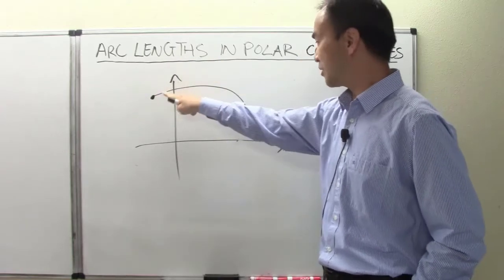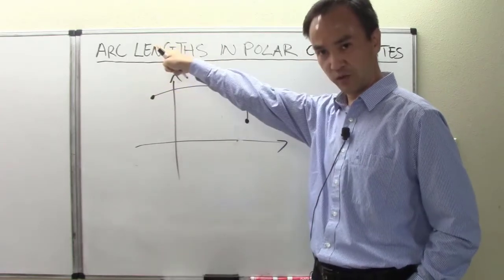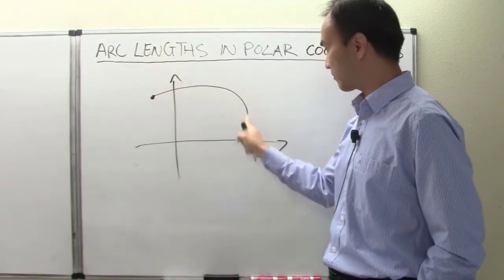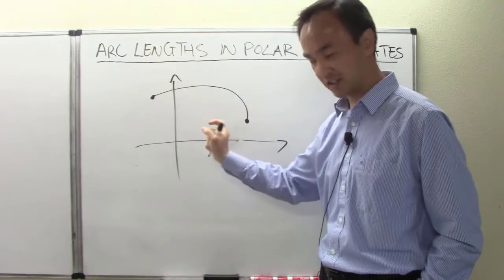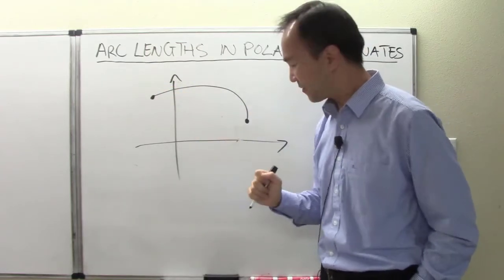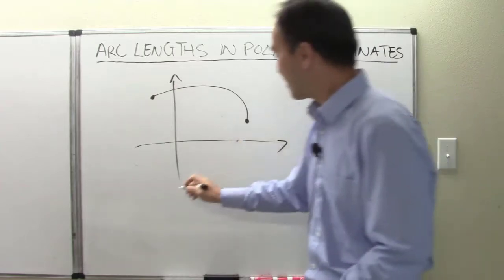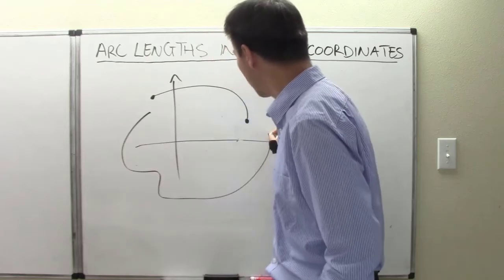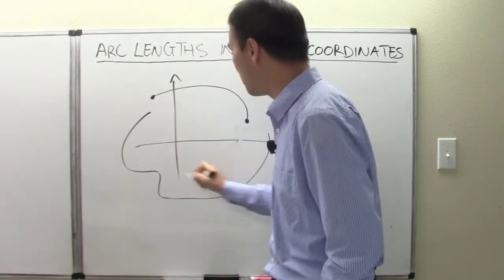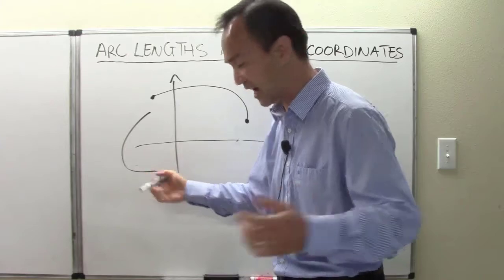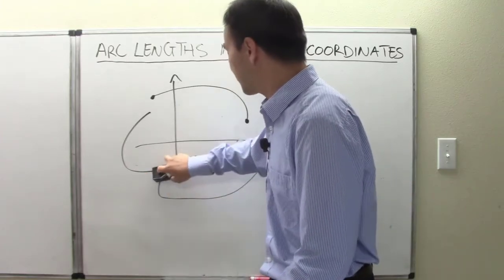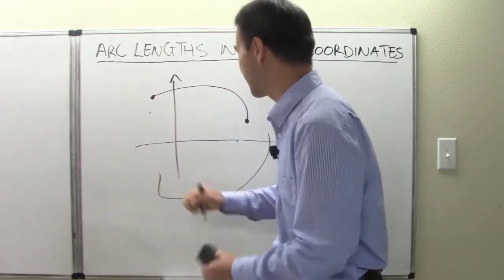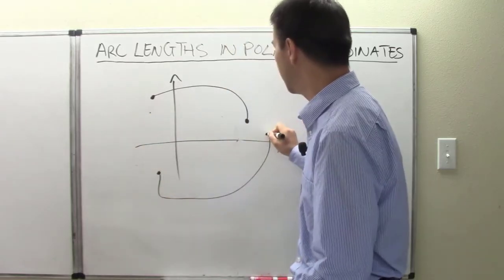Okay, so with this piece of curve right here, that's what we're learning how to define. We're finding the length of those pieces of arcs on any particular polar curve. Okay, and so now just the same, you can draw another polar curve right here, and instead of taking the whole full polar curve, which we can also do, more specifically, if we take only one portion of the polar curve, what we have there is an arc.